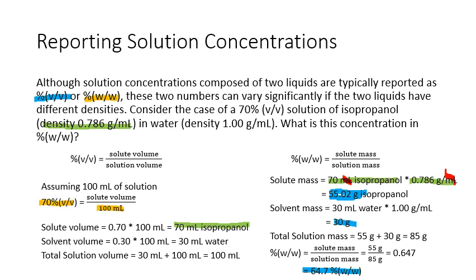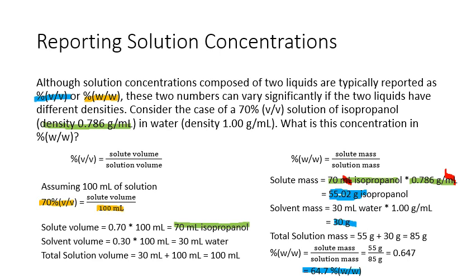Rather than using the volume, which says 70 mils out of the 100 mils is the alcohol, you use the weights, which say that 55 out of 85 grams, and you report the same concentrated solution as a different number.